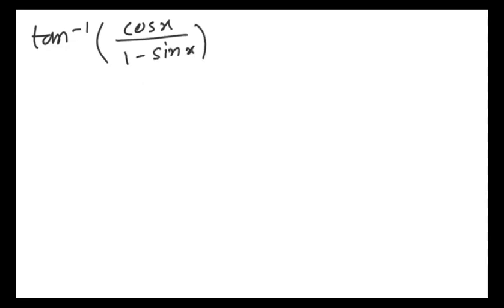Now we solve the given problem, that is, we simplify the expression tan inverse of cos x divided by (1 minus sin x) in the interval pi by 2 less than x less than 3 pi by 2. Now, why can we define this expression?